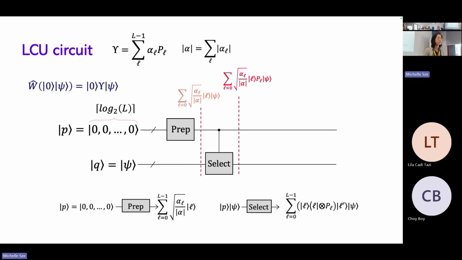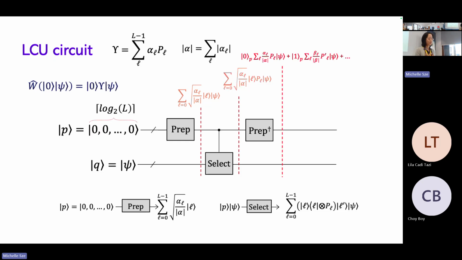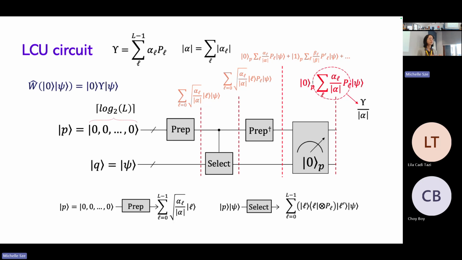And then you have the select operator. It's a multi-control operator that performs the unitaries in your LCU. And then you have the unprepare oracle. And then towards the end, you have to do some post-selection since we're only concerned with the one block of that larger matrix.